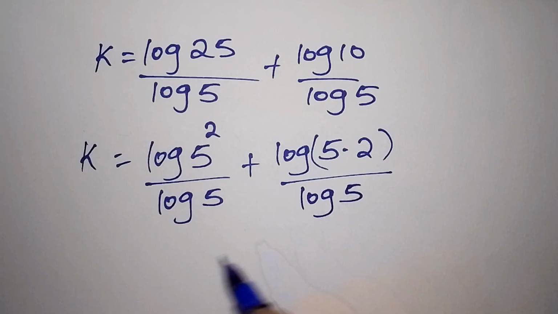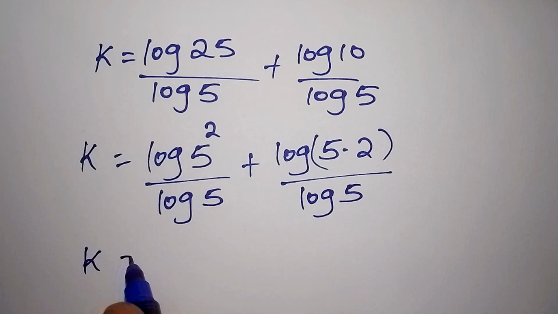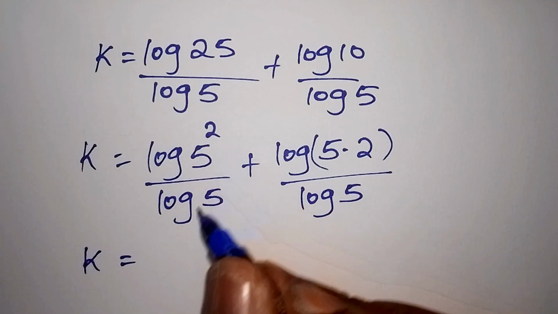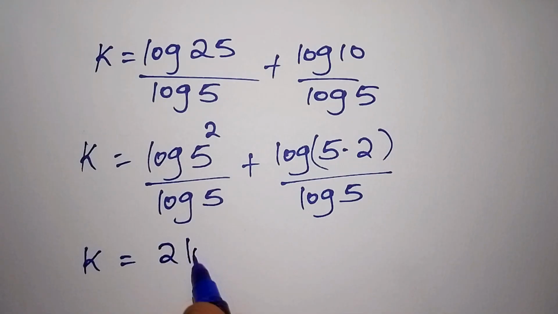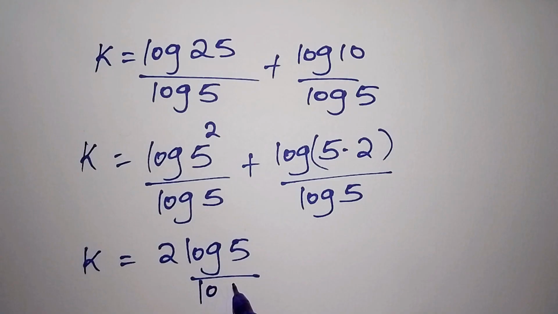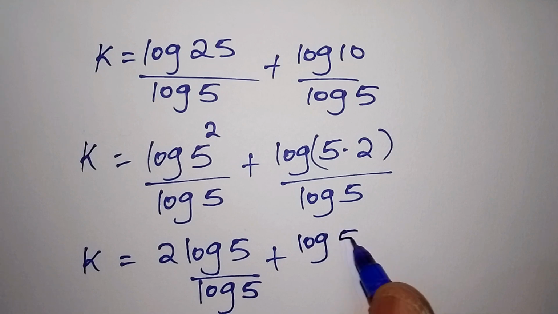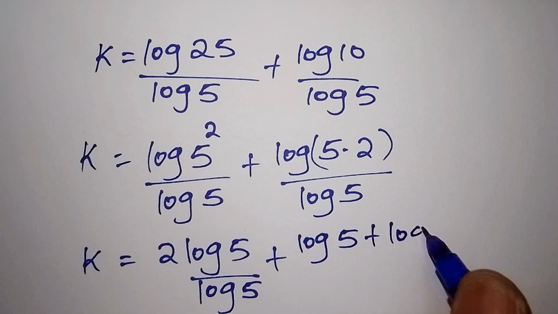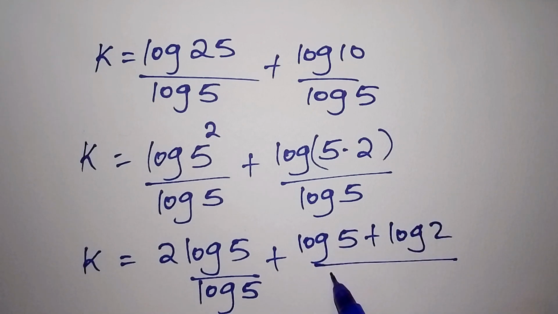Next, k is equal to, so the log of 5 to the power of 2 can be written as 2 log 5, all over the log of 5, plus, in this case, the log of 5 plus the log of 2, all over the log of 5.